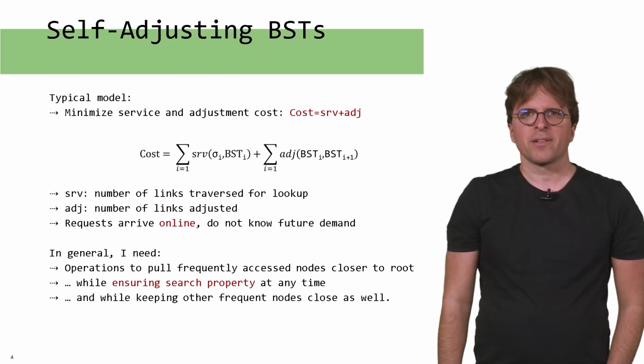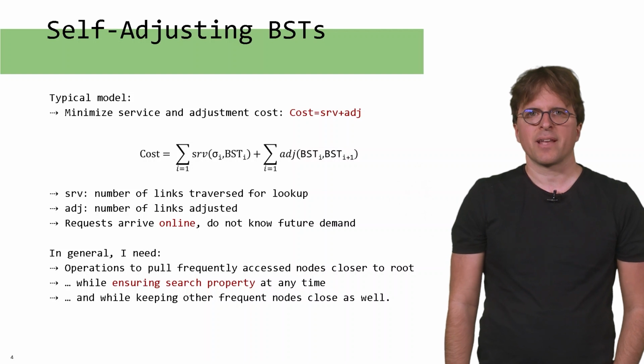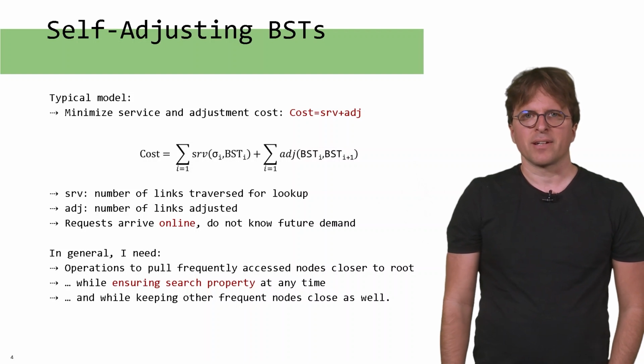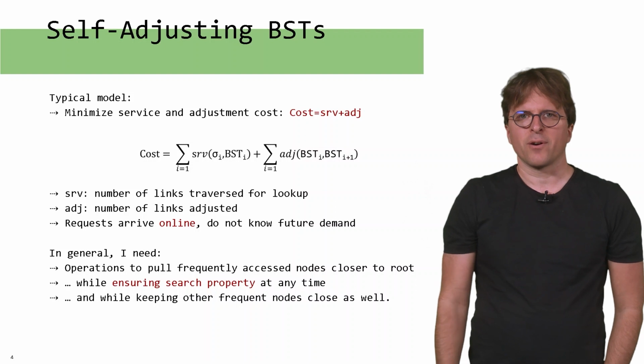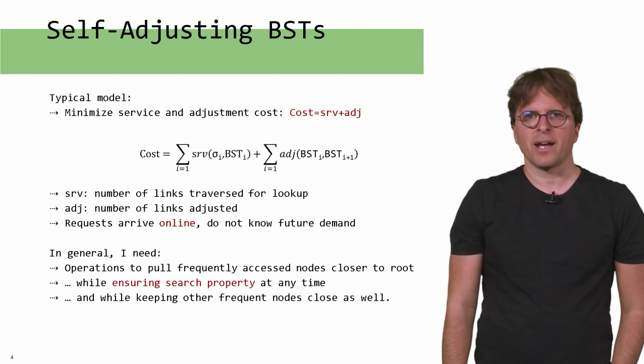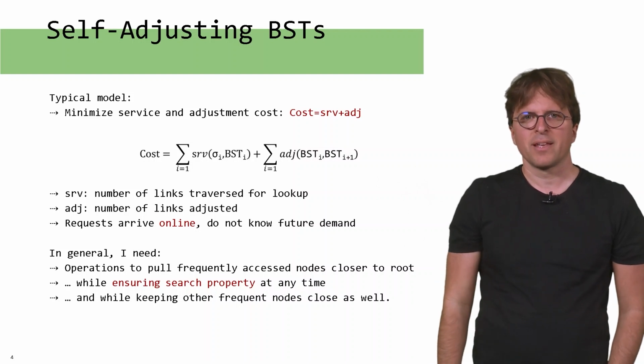So the typical model for a self-adjusting binary search tree is that we want to minimize the service cost and the adjustment cost. So again, the service cost is like how much it costs to serve a specific request sigma i on the binary search tree BST i. And then we pay the price for changing from one binary search tree to another one if we want to adapt it.